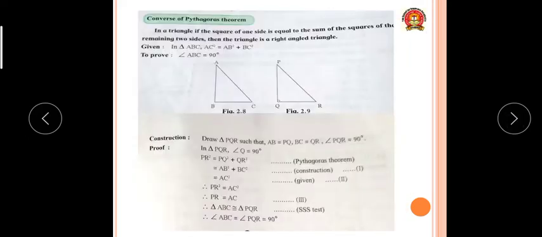Next, the converse of Pythagoras theorem. In the converse of Pythagoras theorem, in a triangle, if the square of one side is equal to the sum of the squares of the remaining two sides, then it is a right angle triangle.